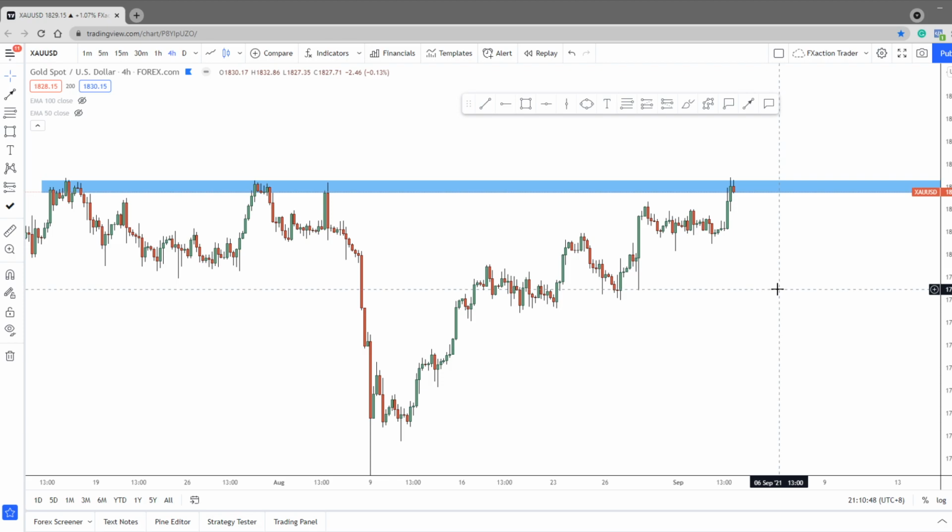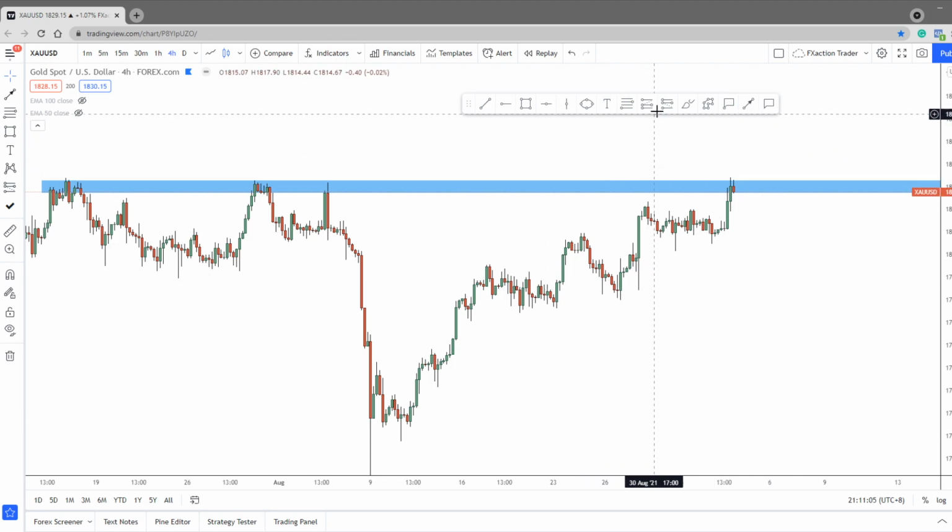If the market did not show you all of this, just bear with the market, wait patiently, and wait for the best signal for us to re-enter the market. So let's have a look at the gold.